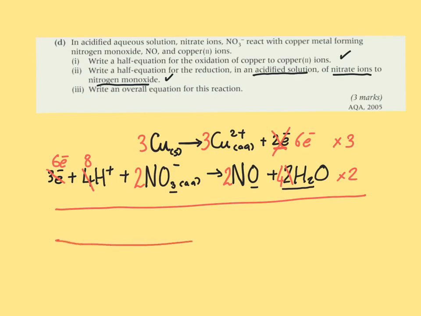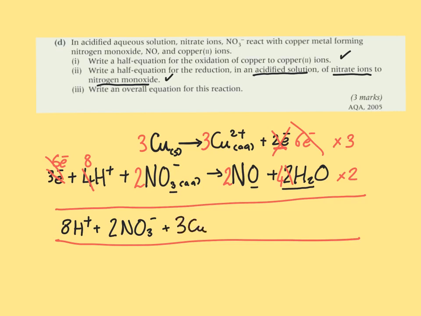To add the 2 equations together, we can now cancel our electrons out and bring the reactants down, which is 8 hydrogen ions, 2 nitrate(V) ions, 3 copper metals on the left hand side, and on the right hand side we're forming 3 moles of copper 2+ ions, 2 nitrogen monoxide and 4 H2Os.